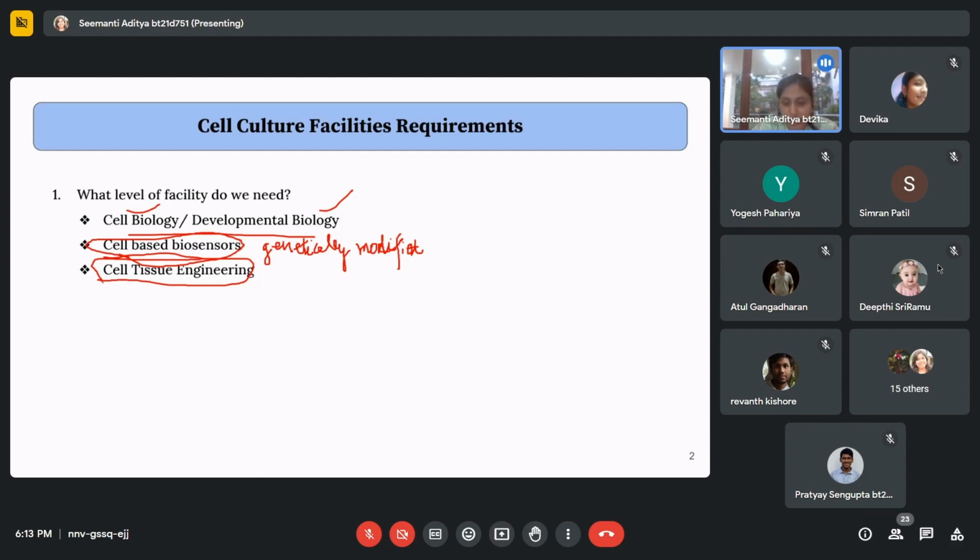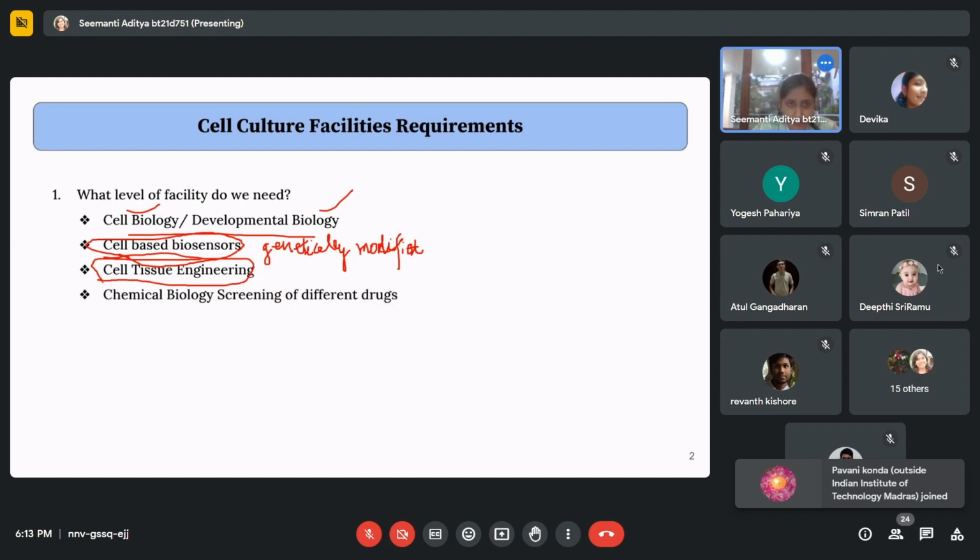So the cell tissue engineering or regenerative medicine labs will require a very advanced level of cell culture, with a very high level of sterilization techniques, and very sophisticated cell culture incubators and hoods, specialized according to their needs and not easily affected by any contamination.